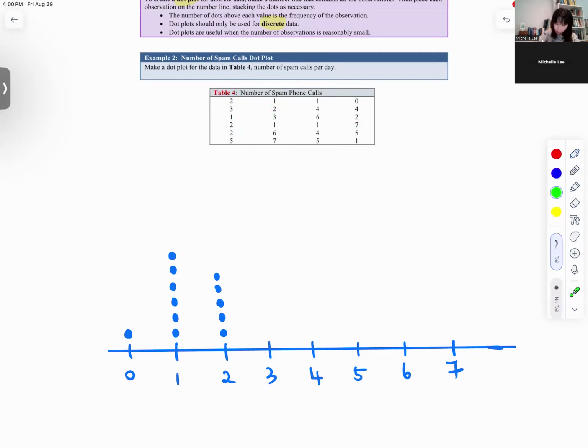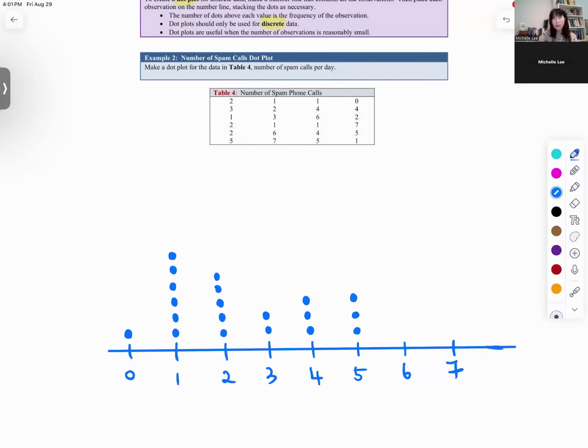How many 4s? 3: 1, 2, 3. How many 5s? 3: 1, 2, 3. Please correct me if I make a mistake.